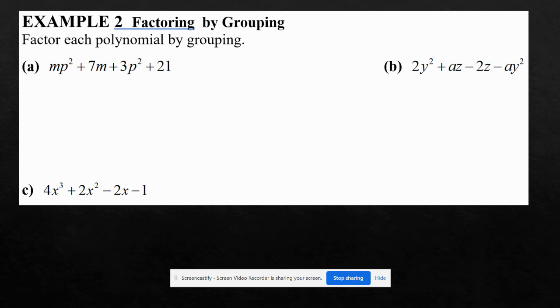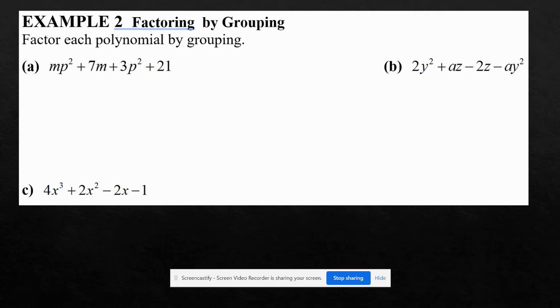Factoring by grouping. So our goal is to rearrange if we need to. We don't always need to rearrange it. So that we can group 2 sets together, or sometimes 3. So that way they are factorable.